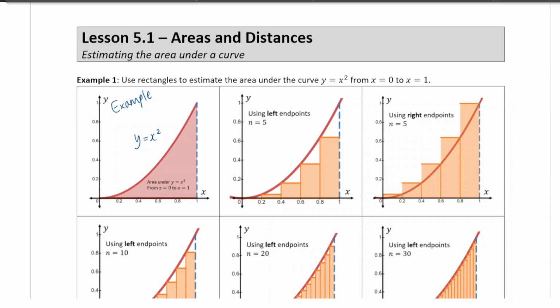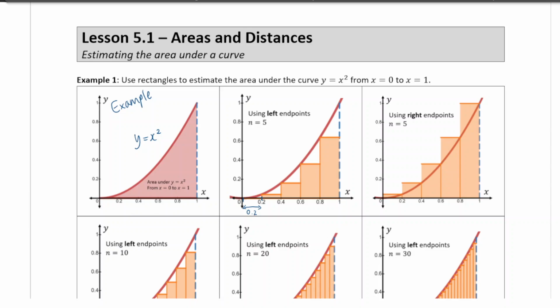But here first we're going to start with 5 regions. We're looking at this along the x-axis from 0 to 1. If we do 5 regions here, each one is going to have a width of 0.2, right? And we see the 5 regions there. Now, when you split it up into 5 segments like this, you have a choice of how tall to make your rectangles.